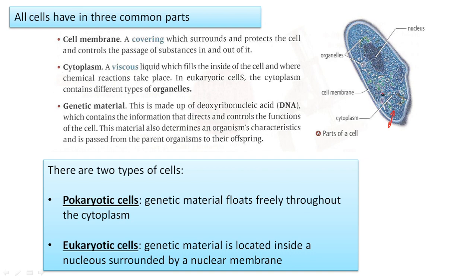And then the last part is the genetic material. Every cell has some sort of genetic material, a nucleic acid like DNA, that contains information for the function of the cell and also the genetic information that can be transferred to the next generation.